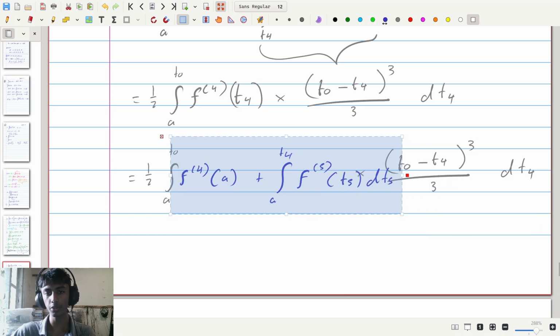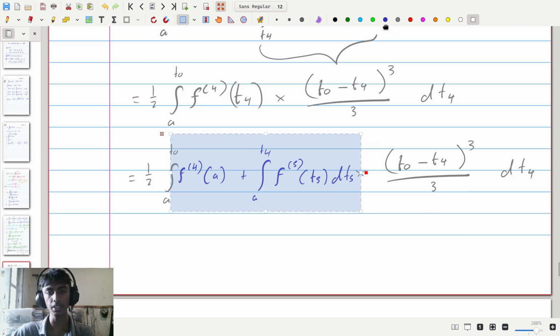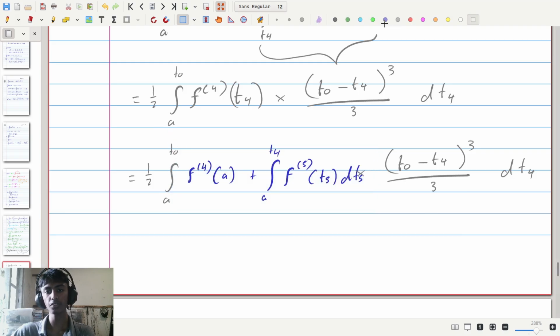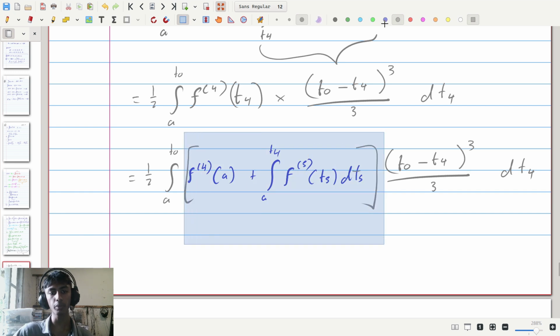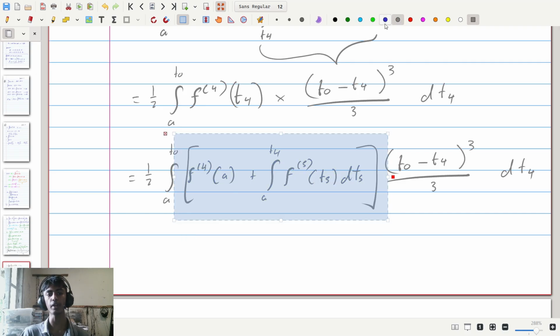It's too big, so I'm going to shrink it a little bit and put it in here. So we have this term in here, which is what we need. Deleting this x here because I don't need it and we don't need the multiplication sign here. We can close this into a square bracket and write this as our substitution. So now this is our new expression. I'm going to change its color to color code it with the rest. This is what we need to evaluate.